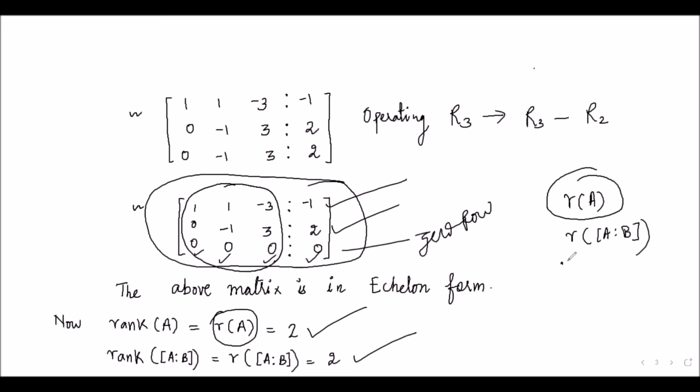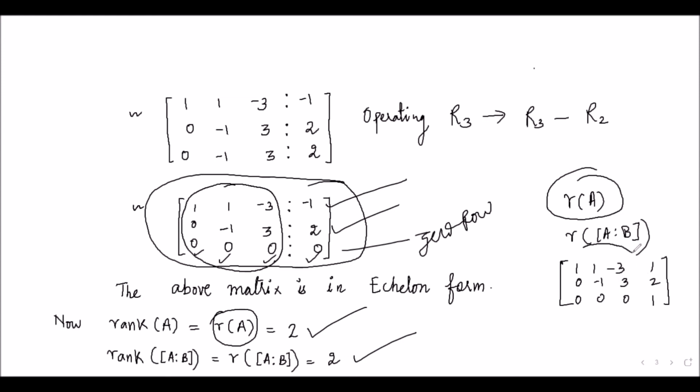Just for reference, see here that if we have something like this, 1, 1, minus 3, 1, 0, minus 1, 3, 2, and suppose we are getting here 0, 0, 1. Don't confuse it with this example. We are just considering a case where the echelon form is this.